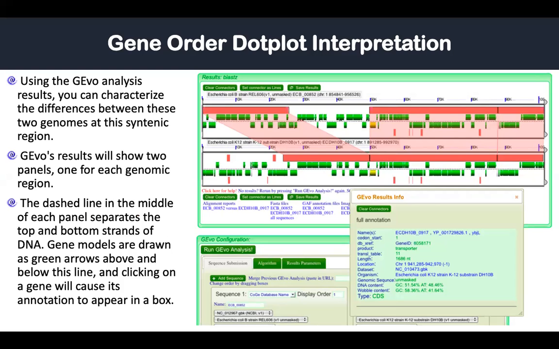You can do this by doing a gene order dot plot or gene dot plot analysis. And to really understand what's happening when you see a break, you need to do a higher resolution analysis to see what genes may or may not be present in that area. You can use this software called Givo to do this.